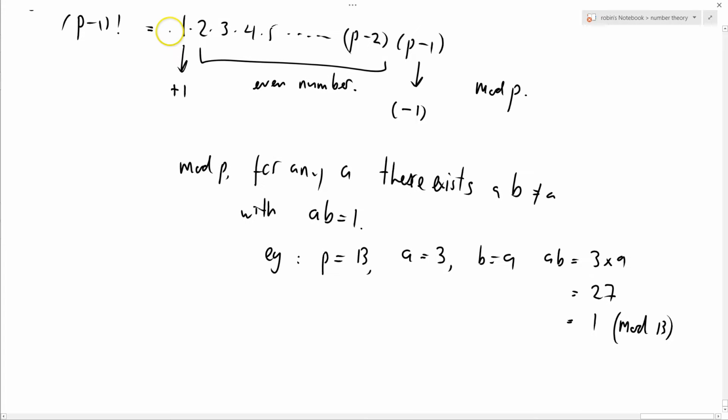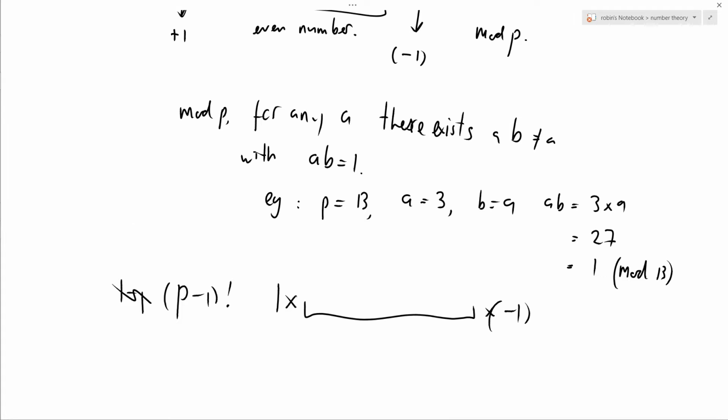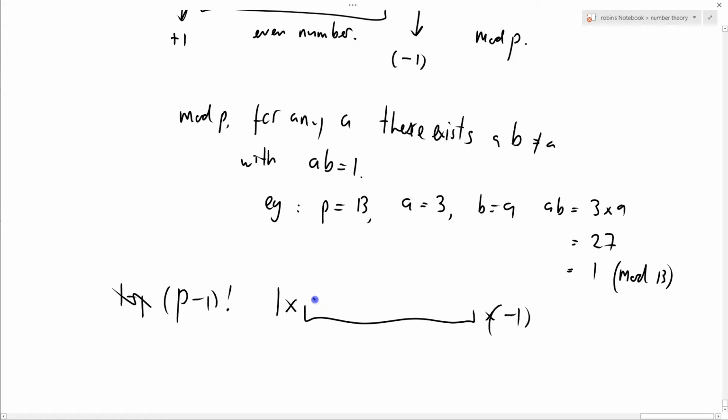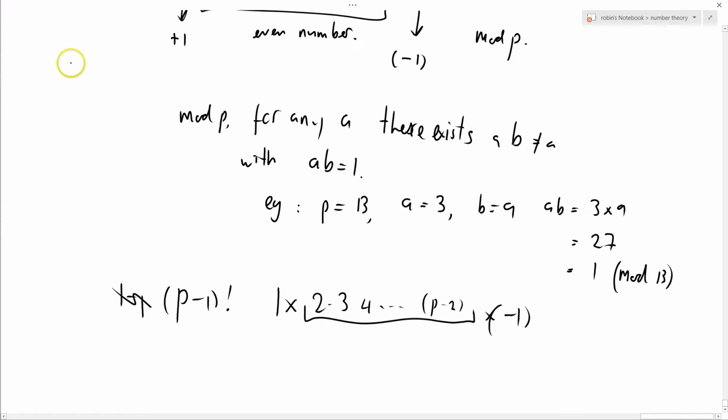So if we take our (P minus 1) factorial here, well, it's 1 times some stuff times minus 1 right at the end. And all of these terms here, 2 times 3 times 4, all the way up to P minus 2, there's an even number, and they all cancel in pairs. I'm going to use a slightly different colour here.